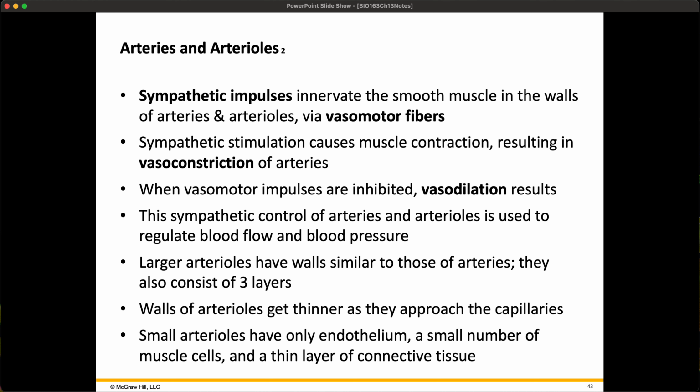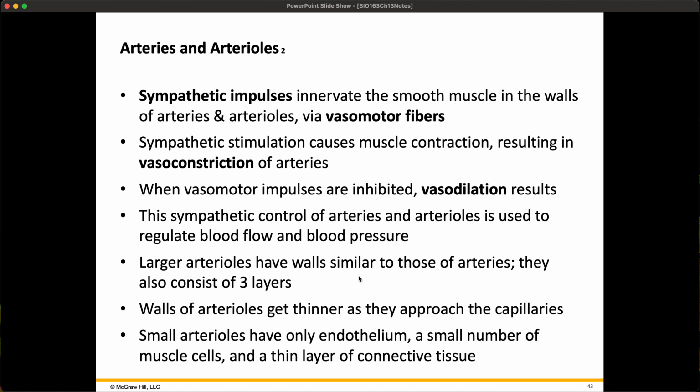Whereas if you were to move your thumb, that water might just kind of trickle out. So it may be flowing more water, but it's not actually flowing fast enough. So vasodilation drops blood pressure and causes slower blood flow rate, whereas vasoconstriction increases blood pressure, increases blood flow rate. And sympathetic control regulates blood flow and blood pressure.